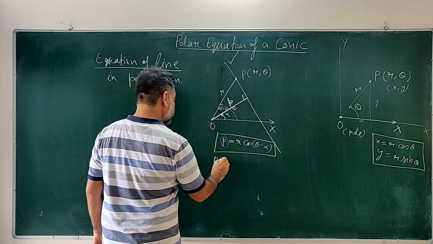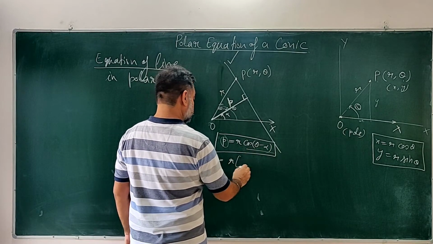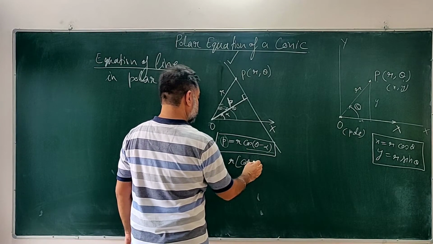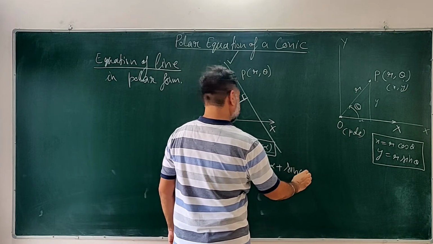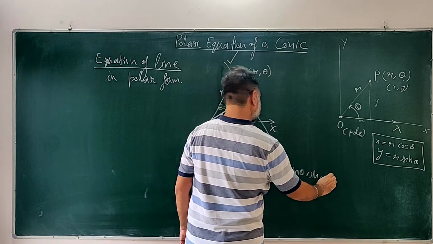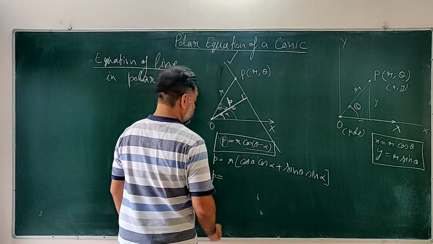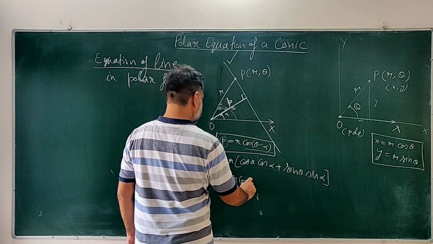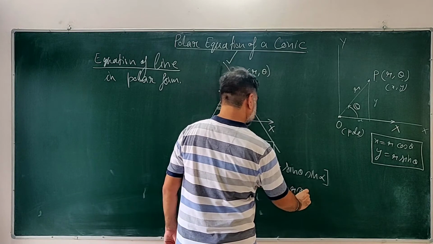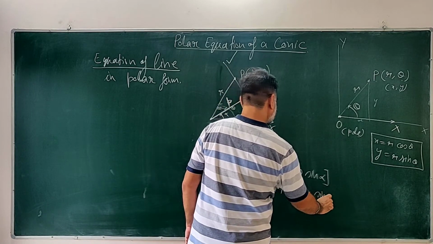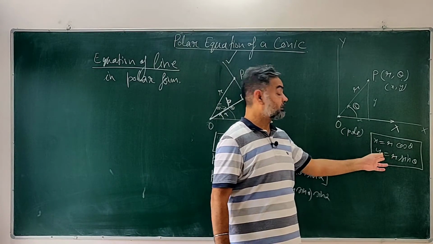So this equation can be written as p is equal to r cos(theta minus alpha). If you expand this, it is equal to cos theta cos alpha plus sin theta sin alpha. So this can be written as p is equal to r cos theta cos alpha plus r sin theta sin alpha, and you know that r cos theta is x and r sin theta is y.